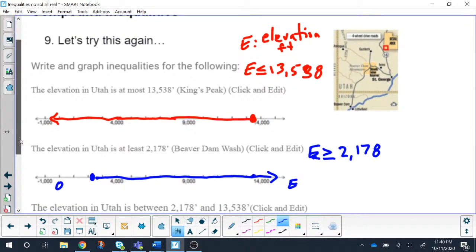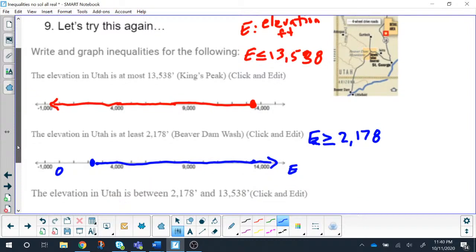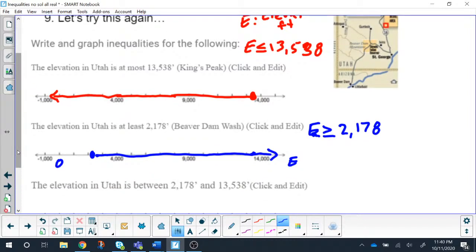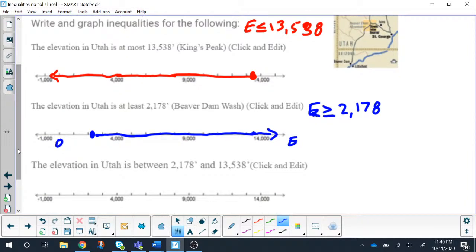Now, maybe you see an issue with this. I hope you do. We've surpassed Kings Peak, and that's the highest elevation in Utah. So what we probably would want to do is combine these two into a graph that shows both of these together.